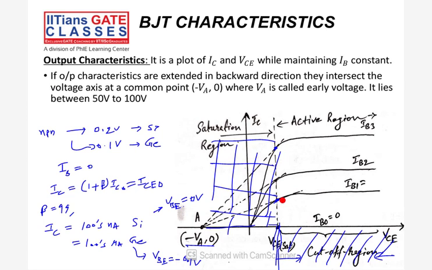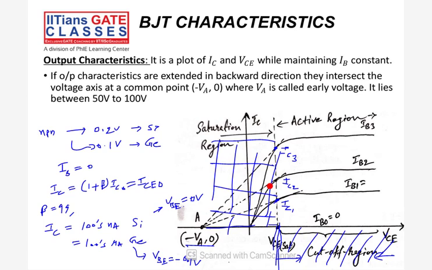This is suppose IC1. Here IC1, here IC2, here IC3. At IC1, we'll take the slope of this. What is the slope now?